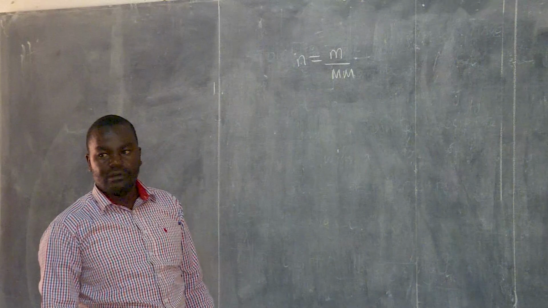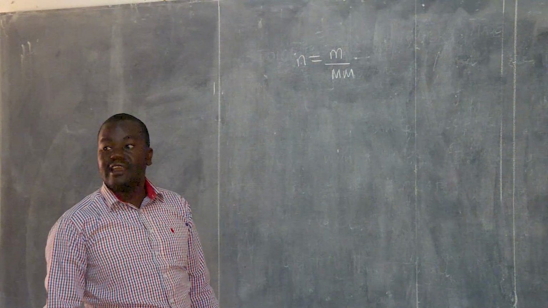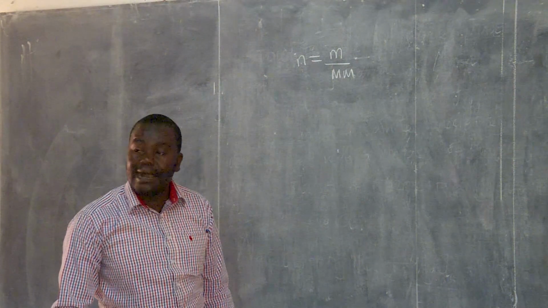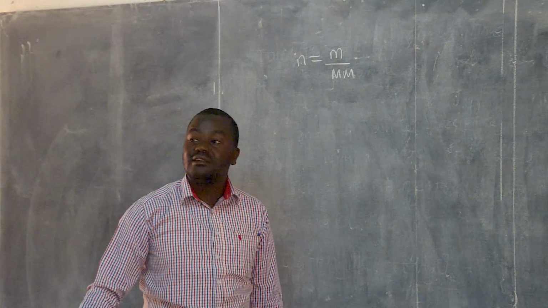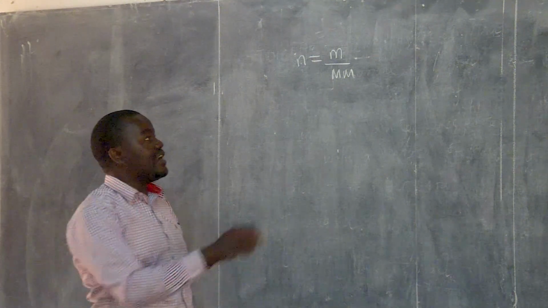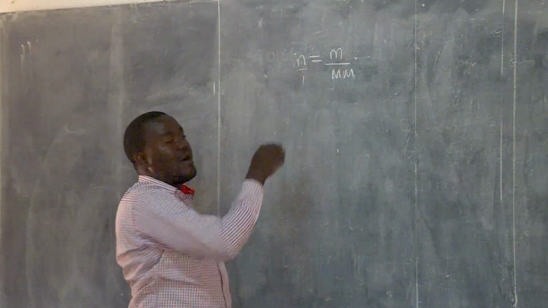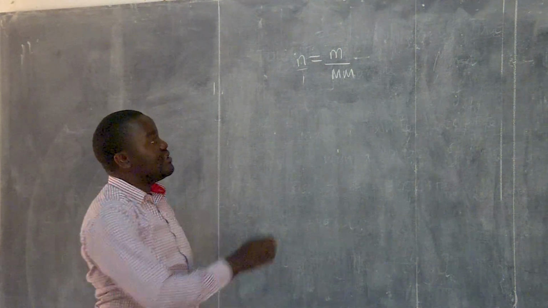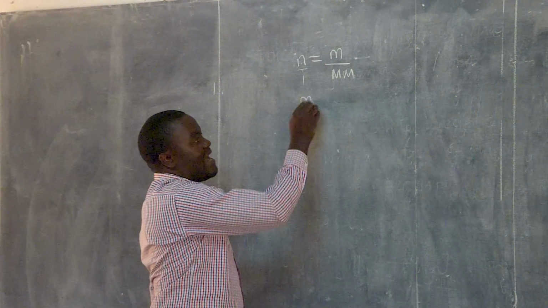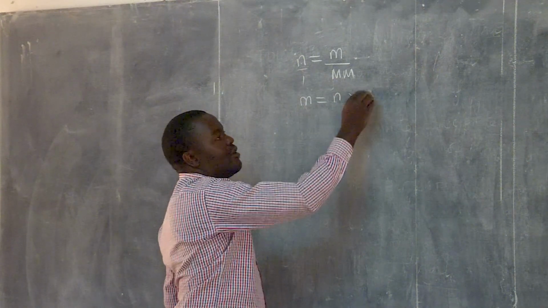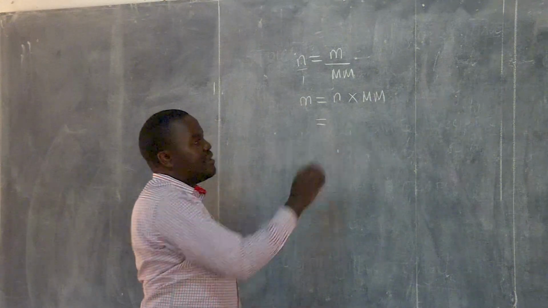So what do we do? We make mass the subject of the formula. So this is the same as over 1, not so? Then we cross multiply there. So it is giving us mass is equal to number of moles multiplied by what? Molar mass.